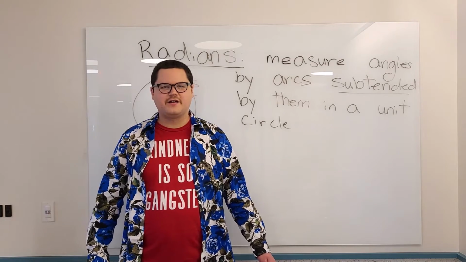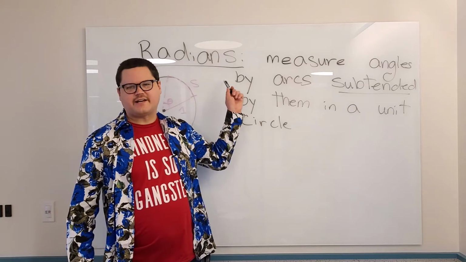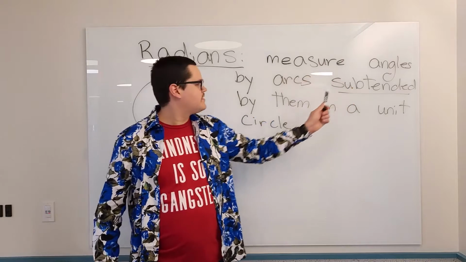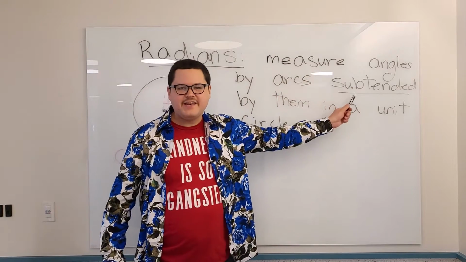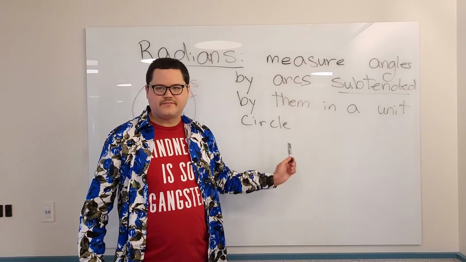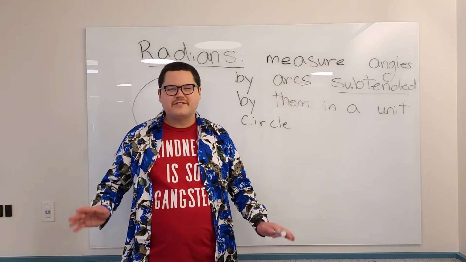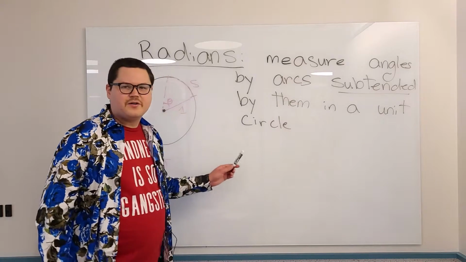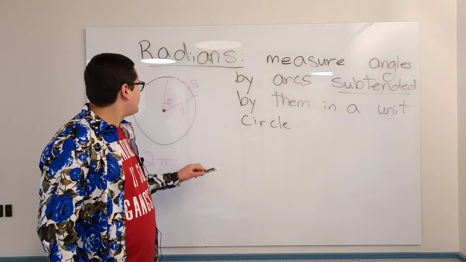With that in mind, what are radians exactly? Well, radians measure angles by the arcs subtended by those angles in a unit circle. Okay, what does all that mumbo jumbo really mean? Well, I think we all kind of know what angles are.